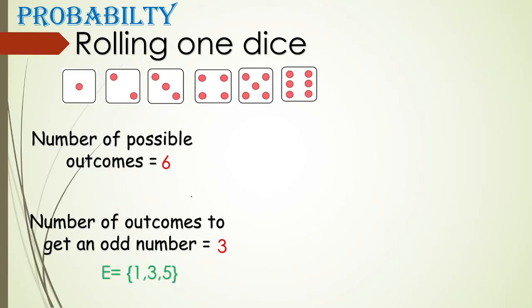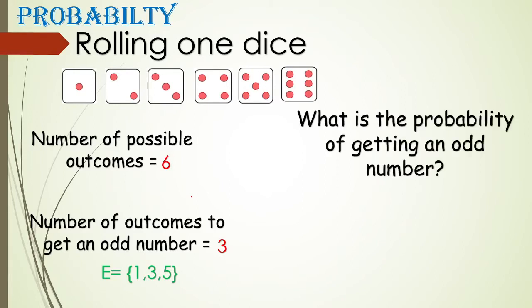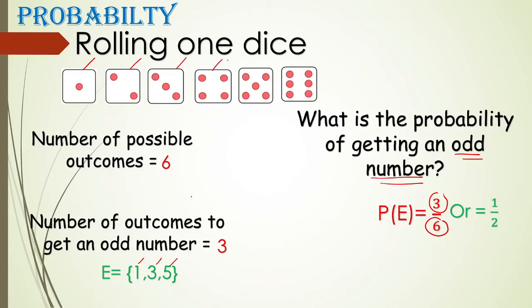Those are our favorable outcomes. So what is the probability of getting an odd number? 3 over 6. Reduce that. That's 1/2. So take note, the number 3 here represents the number of odd numbers, 1, 2, 3. The number 6 here represents 1, 2, 3, 4, 5, 6, the total number of outcomes. Then reduce your answer.